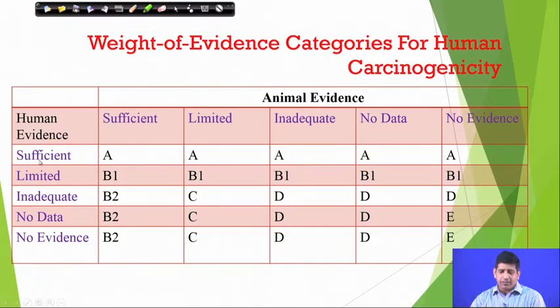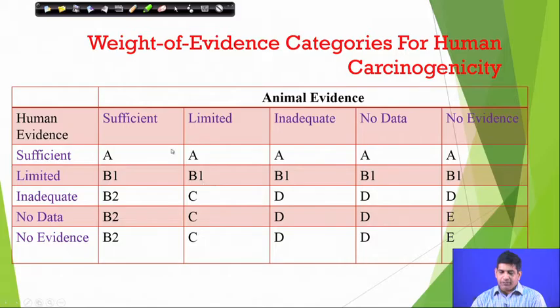So, we look at human evidence: sufficient, limited evidence, inadequate evidence, no data, no evidence. So, based on that, as you can see, there is animal evidence and human evidence. This shows where you have human evidence as well as animal evidence.